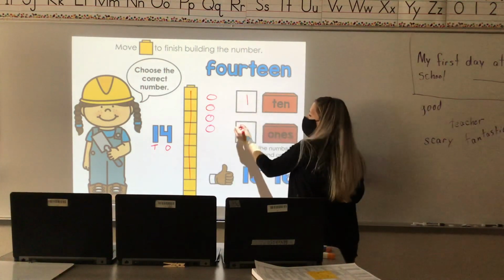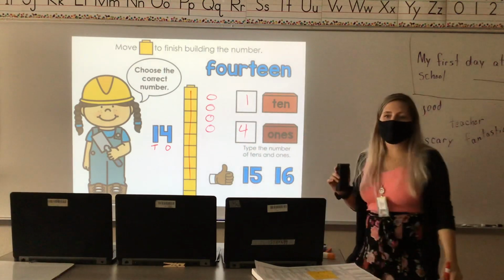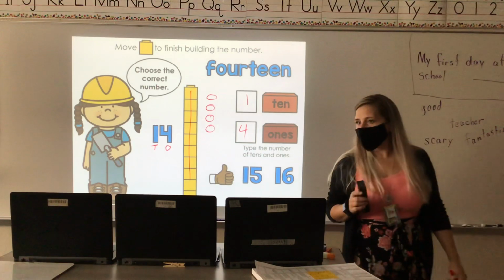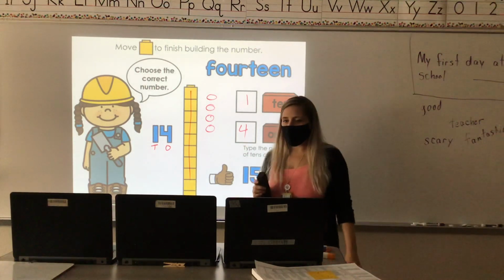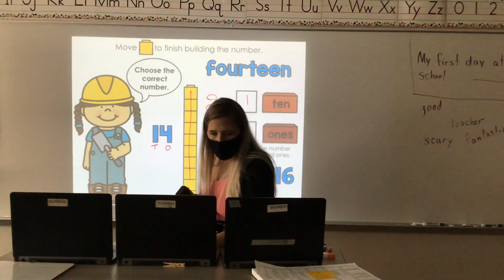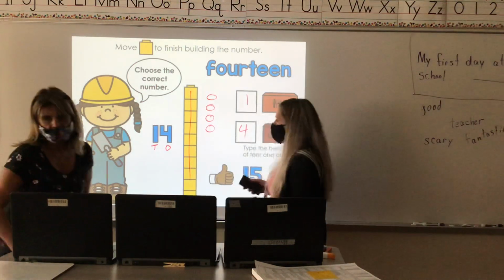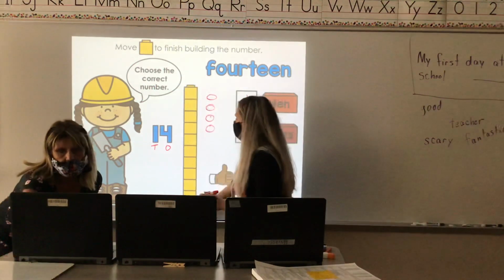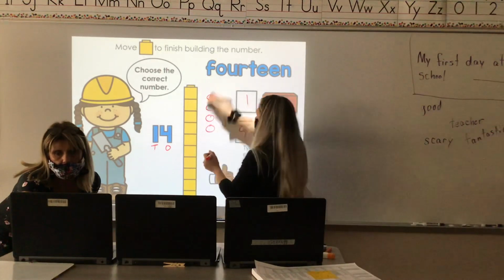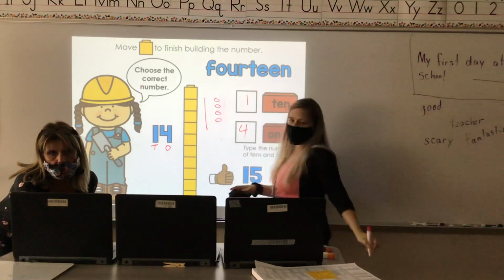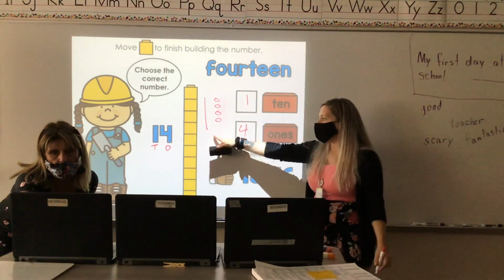So I have 1 10 and 4 ones. And Layla, look how she drew the 10. Yep. You're just drawing a line. So your whiteboard will look like this. It has a line and then 4 ones right next to it. The line right here is representing that 1 10.